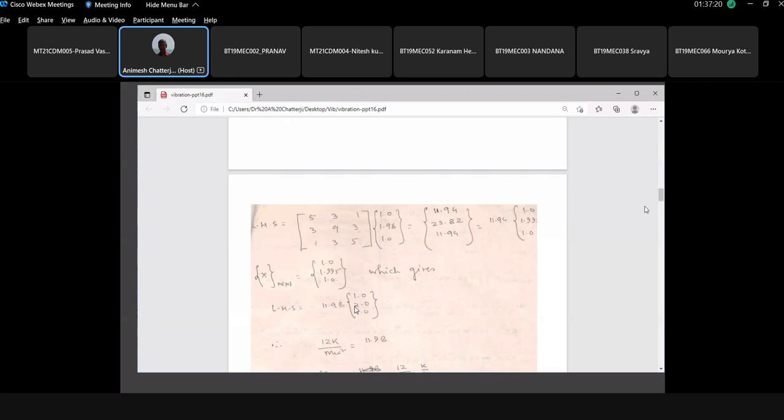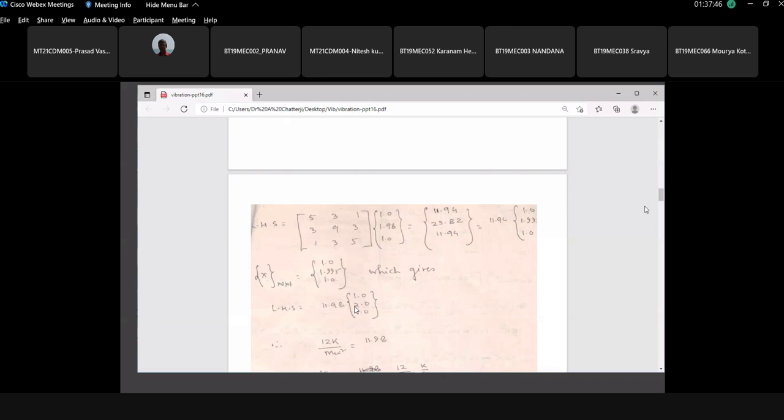In the matrix iteration method, what is our iteration matrix? It is K inverse M. Do you think we can have another iteration starting with M inverse K? Yes, sir. So what will be the full form? M inverse K by omega square into X vector.